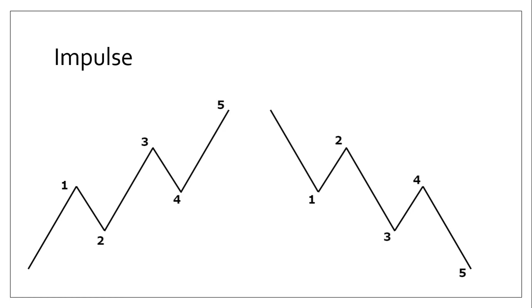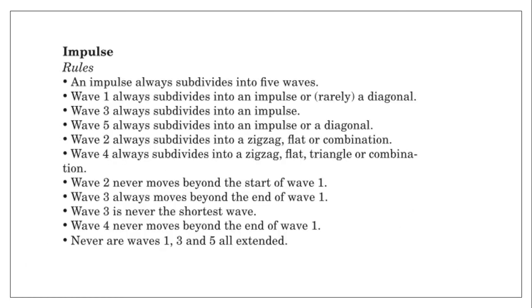This is an impulse example, and now these are the rules. So rule 1, an impulse always subdivides into 5 waves. So let's switch over to TradingView, and we're going to go through each and every rule here, and we're going to let this be our build up on how we build the ideal perfect impulse.